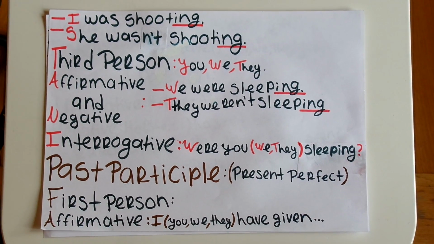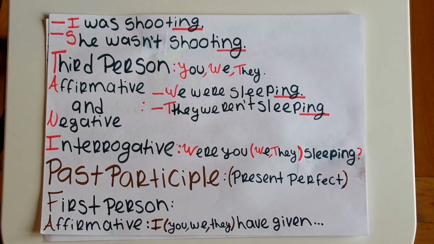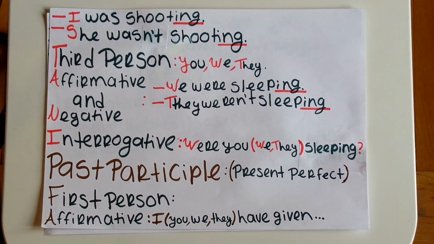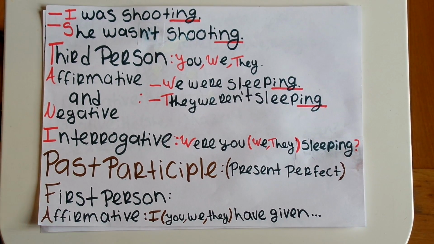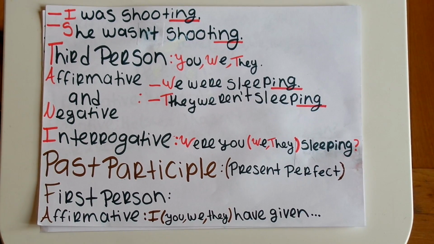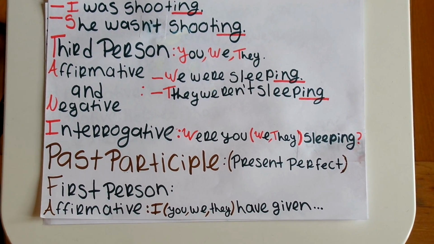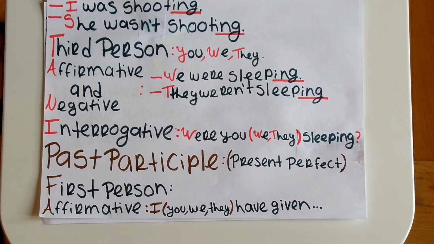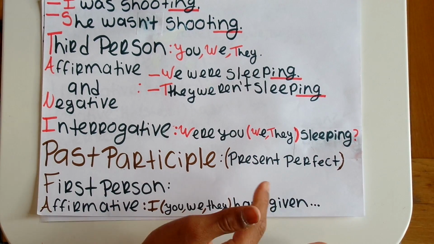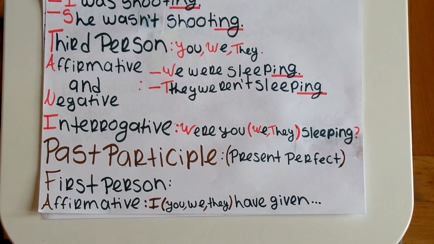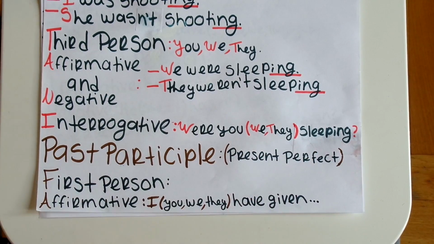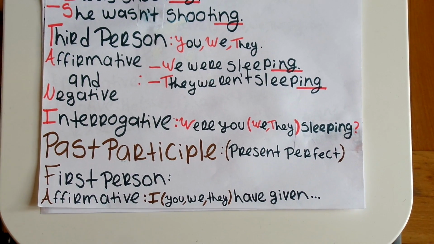An interrogative way will be, or a case will be, were you, or we, or they sleeping? Here the subject is you, or we, or they, and the verb is sleep, again adding the ing.